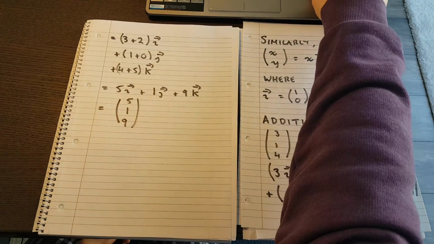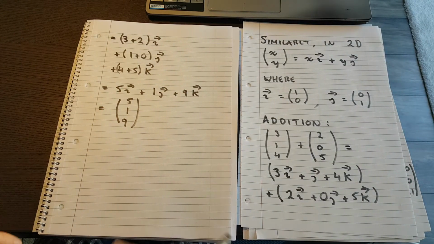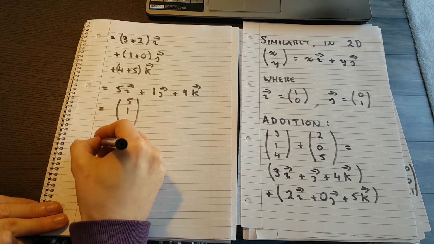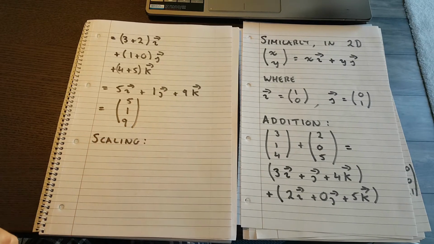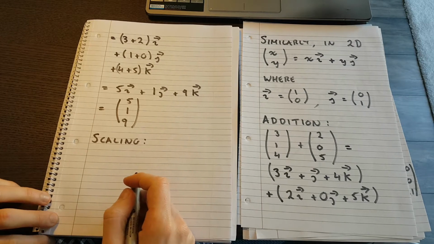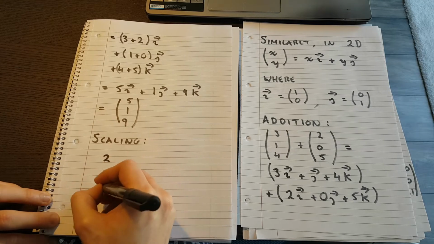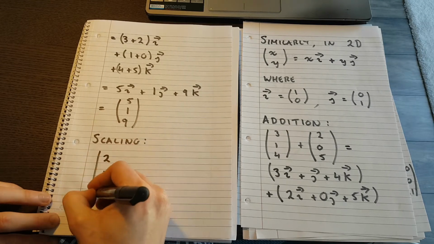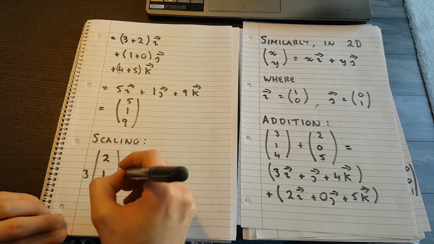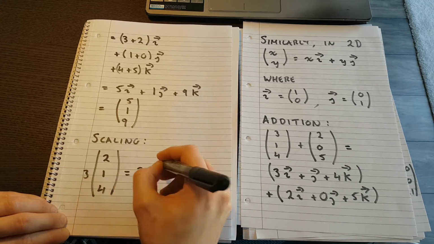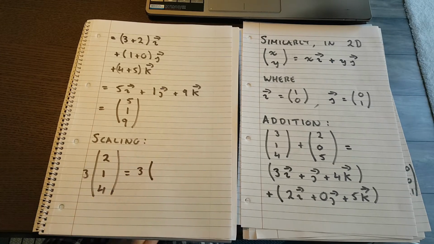Okay, and of course scaling is also very simple. Let's say I have the vector (2, 1, 4), and I want to multiply that by 3. Well, then that would be 3 times, and I'm going to change this vector into the i, j, and k notation.